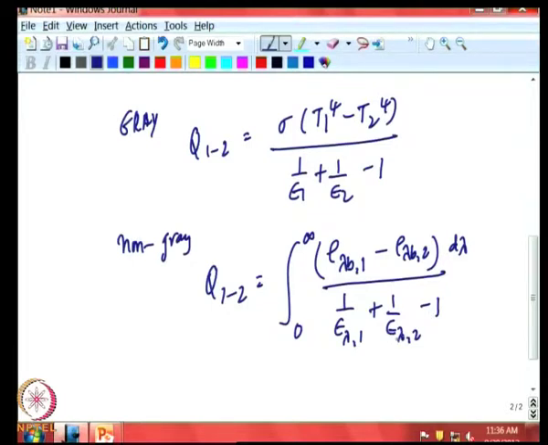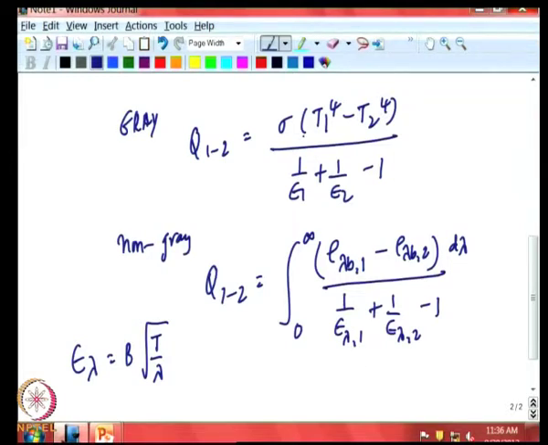So, this expression will be the same as the expression above if these quantities are independent of wavelength and you can take them out, then we integrate this to get that result. Now, we cannot do that because we just now saw that epsilon lambda goes as b into root T by lambda. So, epsilon lambda is a function of lambda. So, we have to do this integration very carefully to get the right result.